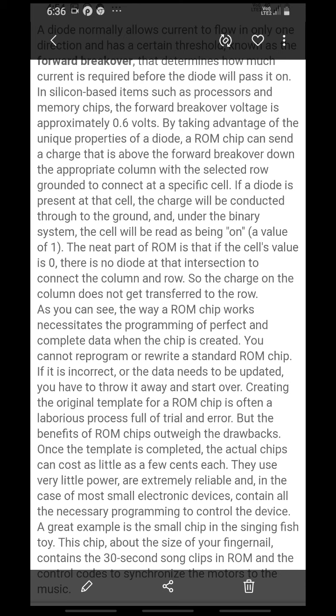By taking advantage of the unique properties of a diode, a ROM chip can send a charge that is above the forward breakover down the appropriate column with the selected row grounded to connect at a specific cell.